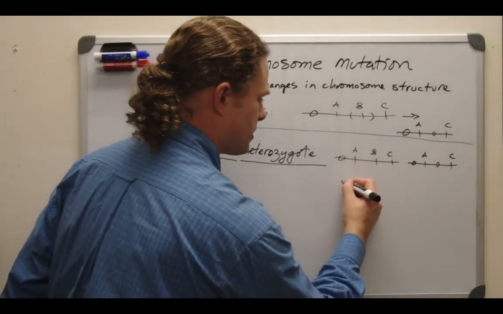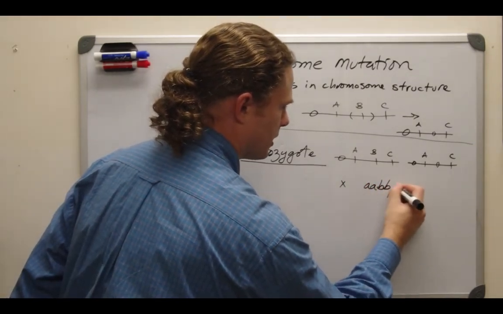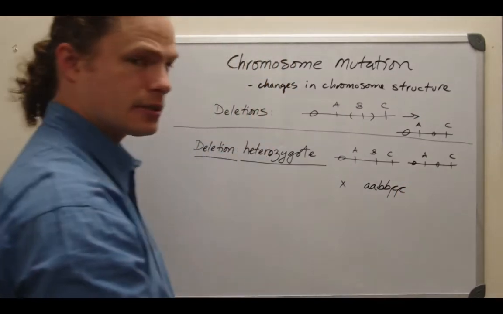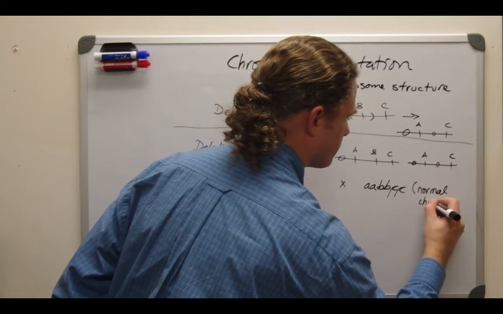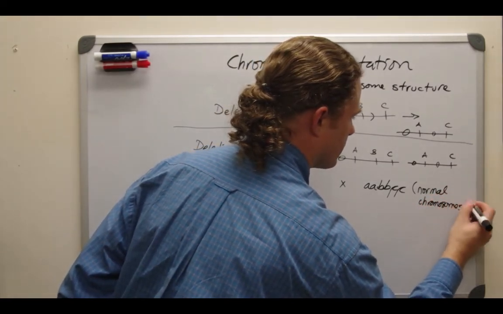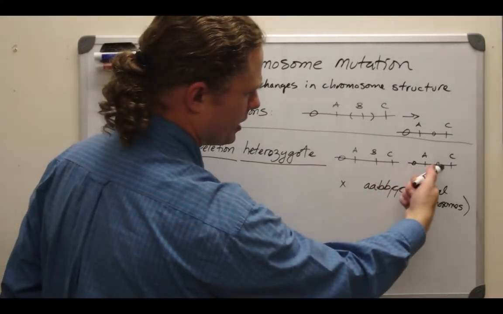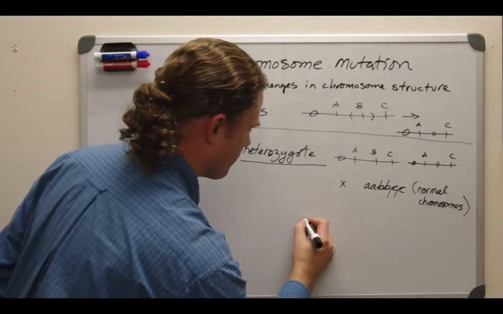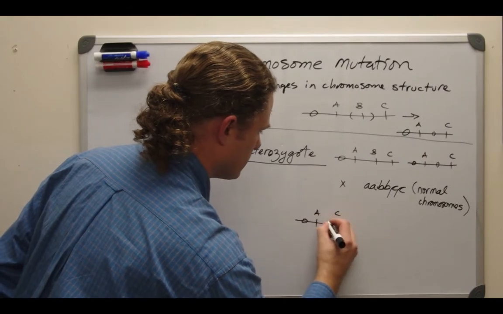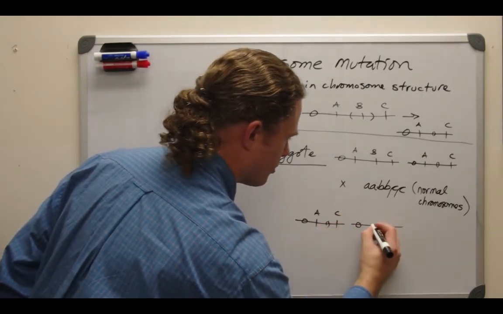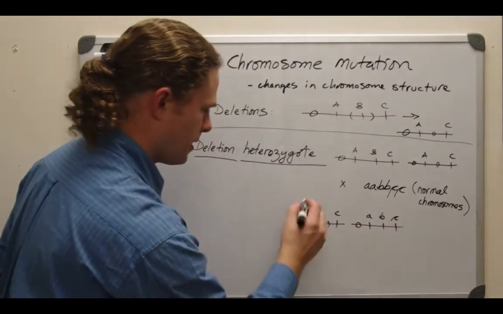Okay, so if we took this organism and say test crossed it to a little a, little b, little c organism with normal structures, normal chromosomes, what we would see in this cross is actually half of the progeny would have this chromosome structure, the deleted one, and then the other homolog coming from the other parent would have the little a, the little b, and the little c.